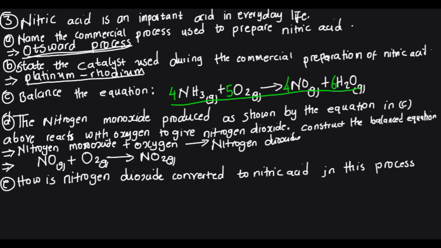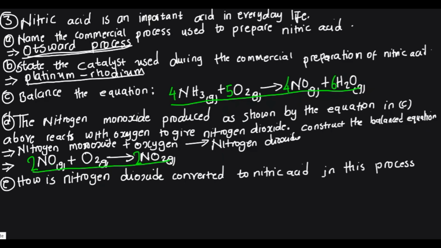So let us try by putting 2 here. We have 2 atoms of nitrogen, also 2 atoms of nitrogen here. Now this 2 is affecting the oxygen. From nitrogen monoxide we have 2 atoms of oxygen plus these 2, we have 4. Then here if we multiply 2 times 2, we have 4. So our equation is now balanced.